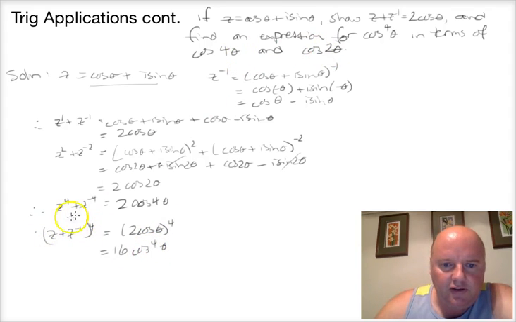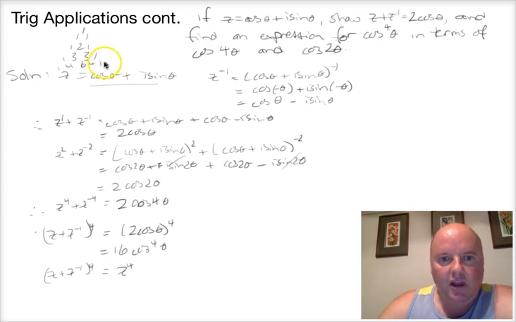What I'm going to do is I'm going to consider the binomial expansion of this, very similar to what we did in the last question. So z plus z to the minus 1 to the power of 4 equals, expanding this by binomial, we get z to the power of 4. Remember it's a 4 there, so I'll just get my coefficients. So here's my coefficients up here, 1, 4, 6, 4, 1.